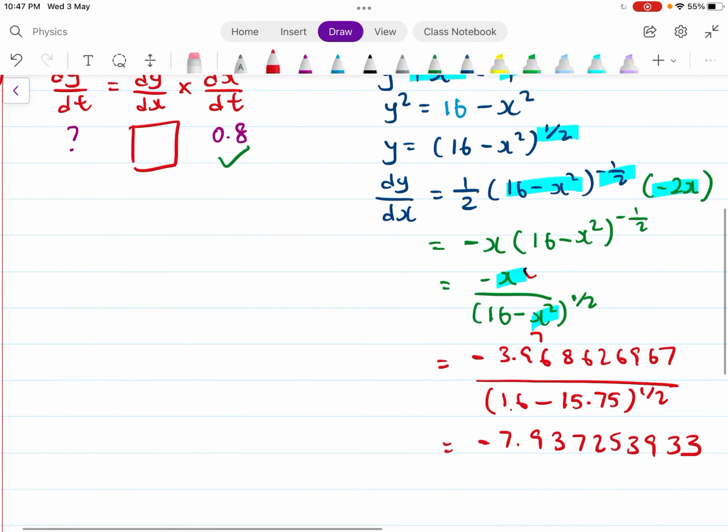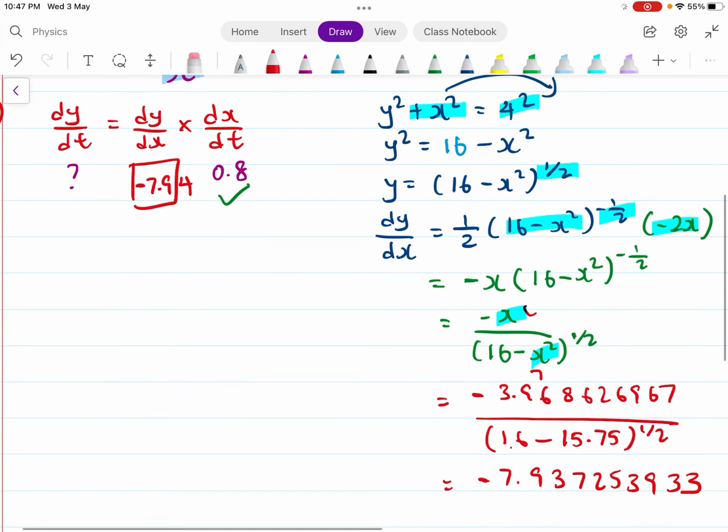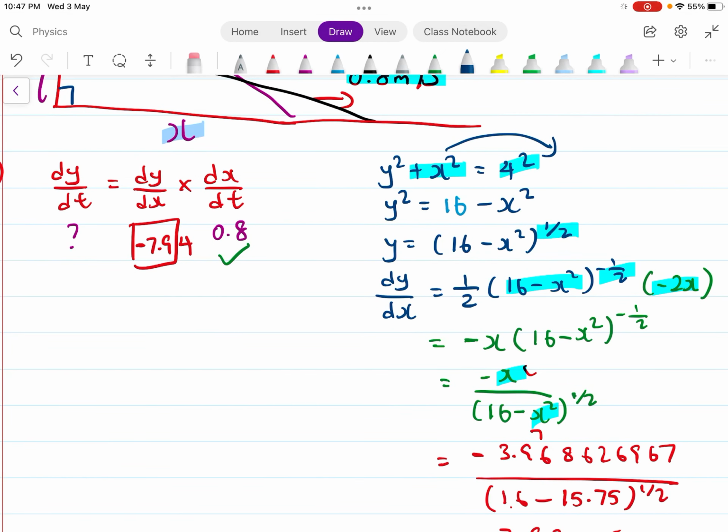So I sub inside here, just put negative 7.94 like that. So next part, you just need to multiply these two values, and your dy/dt will be about negative 6.3498, or just round off to negative 6.35 meter per second. So that is the answer for the question.